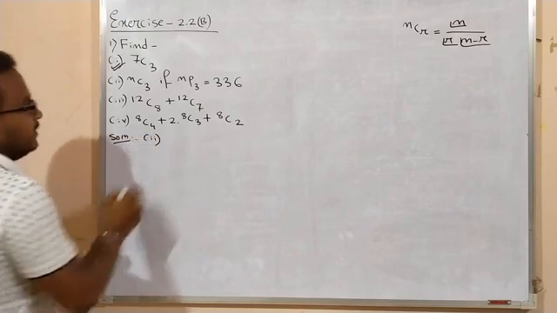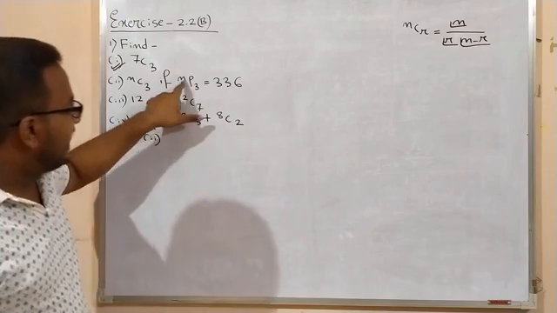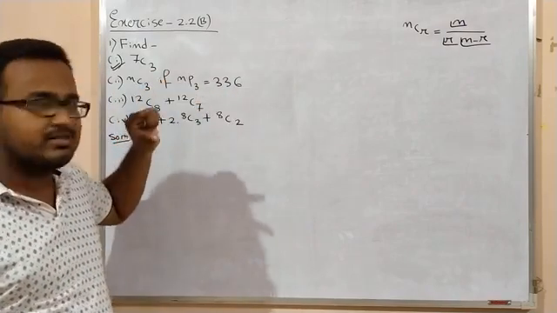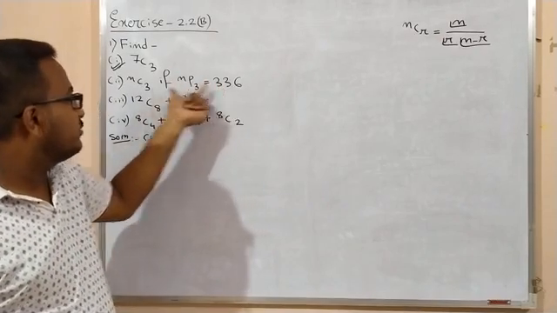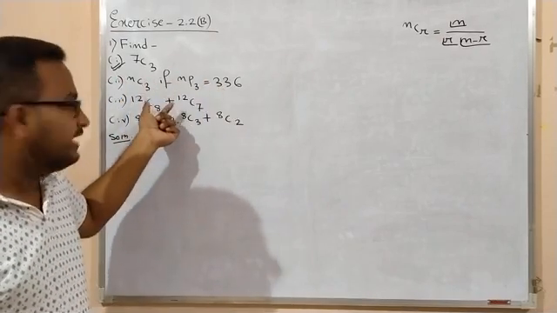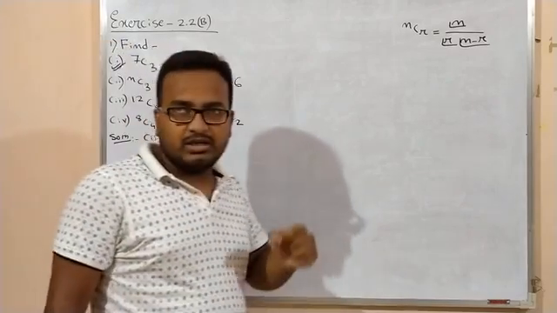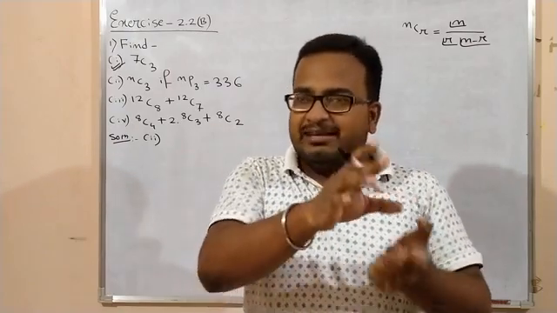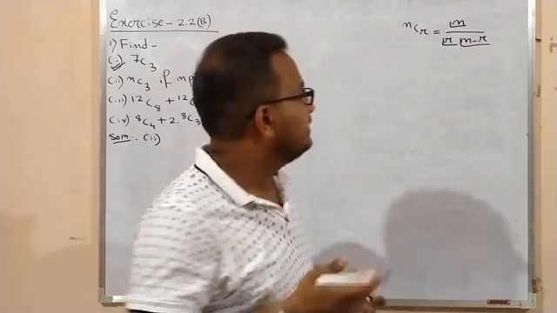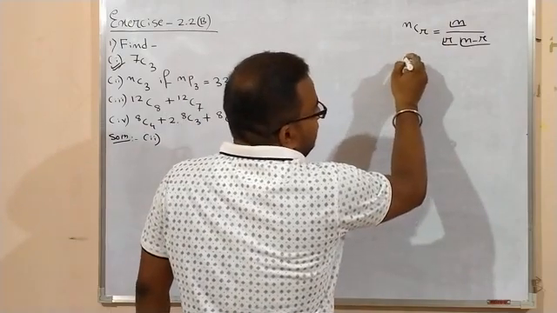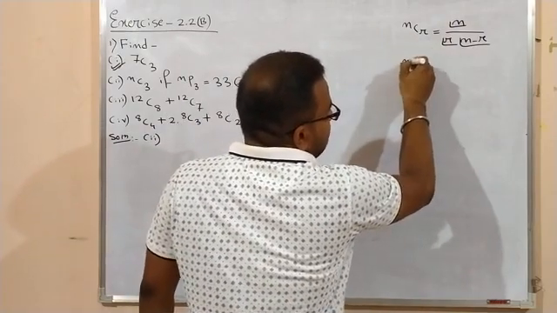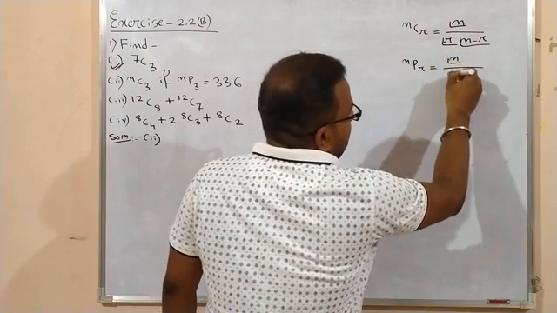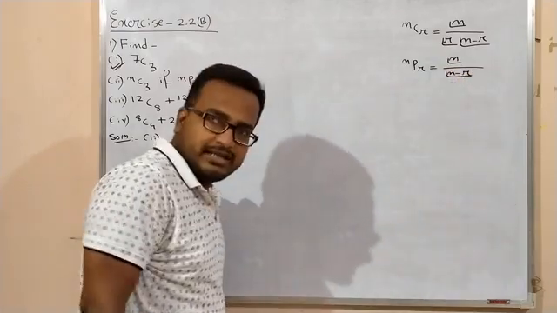Number 2. Here the value of NP3 is equal to 336. That means the value of NP3 is given to us, and by using this value we have to find the value of NC3. Now first of all you should know the relation between NPR and NCR. We know NCR is this, and NPR is factorial n by factorial n minus r, isn't it?